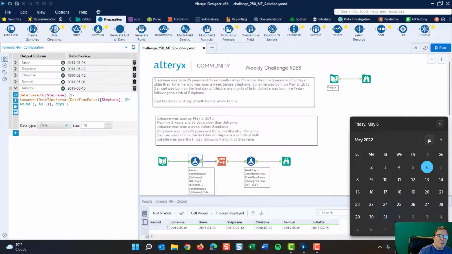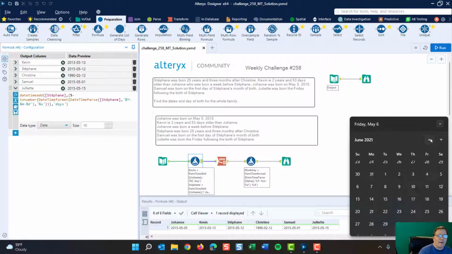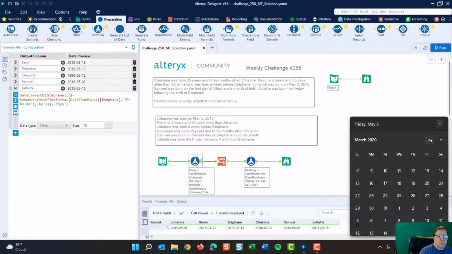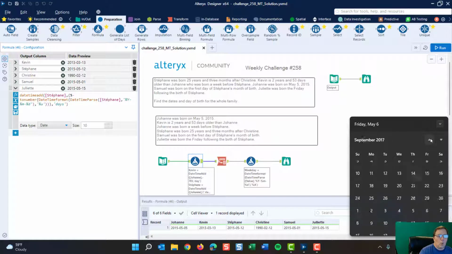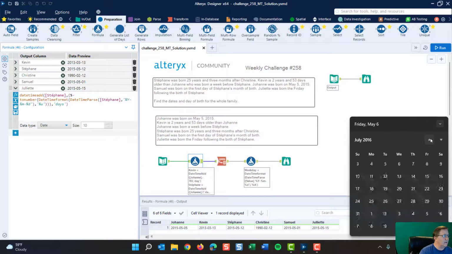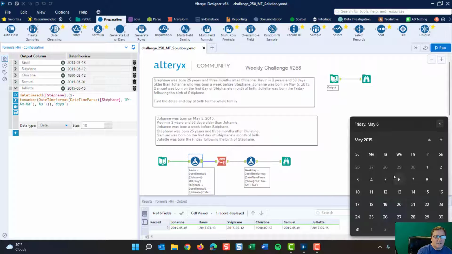We're going to go back a bunch of months, back to 2015 so that you can see it, and maybe it'll help you understand what we're looking at in May of 2015. Okay, May of 2015. Right here, Stefan was born 5/12. 5/12 is here. That's going to be a 2. We subtract 2 from 5, and we get 3.